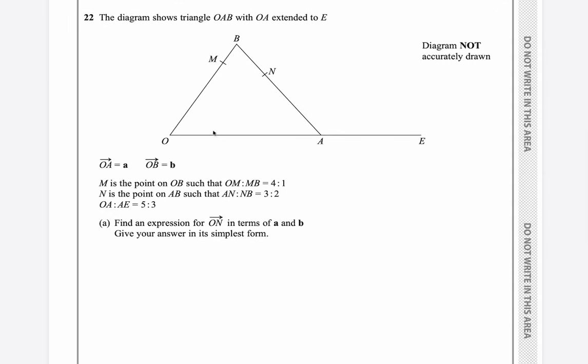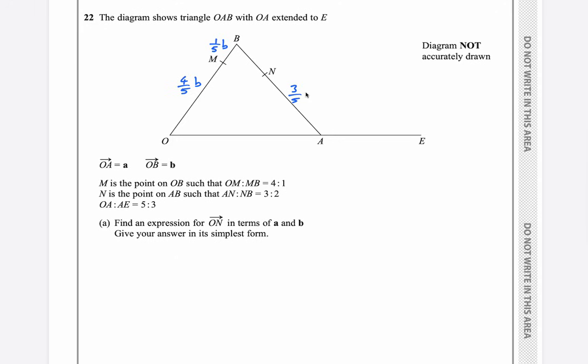So this is OM to MB, so this is 4/5 B, and this is 1/5 B. N is the point on AB such that AN to NB is 3:2. So this would be 3/5.